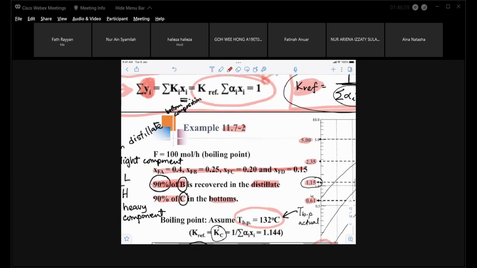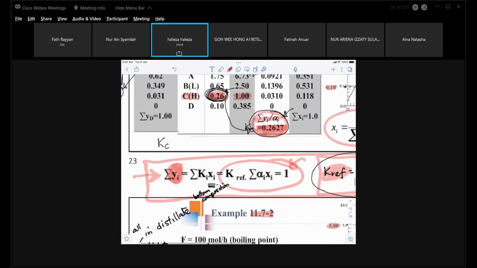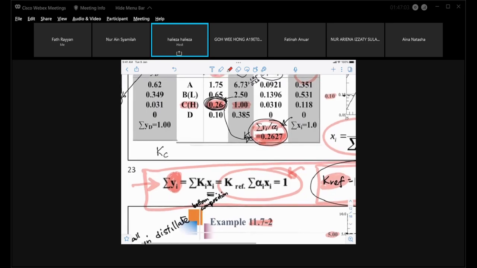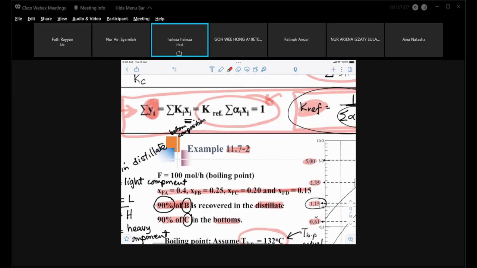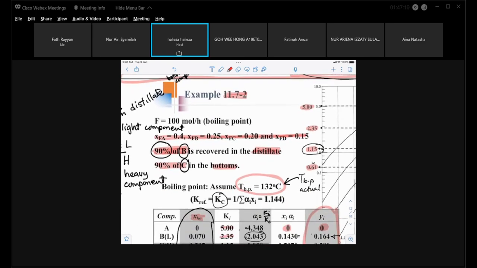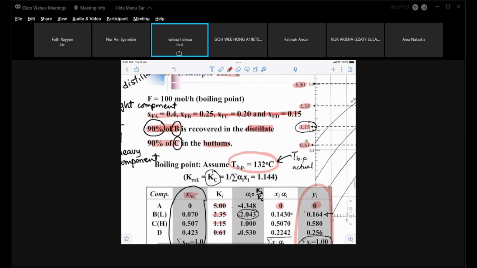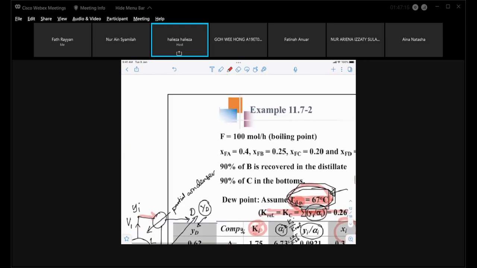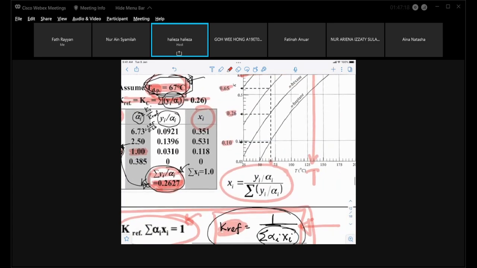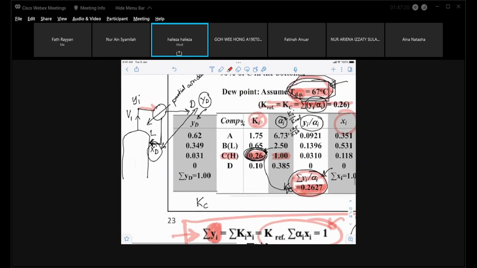Okay, somehow I got mixed up between the two equations, boiling point and dew point. This equation is for the boiling point. The one that I got here is also referring to this example, the boiling point. And the equation for that is for the dew point. Where is the equation for the dew point? Where did I put it? I did not copy it. So the equation for the dew point is not there.